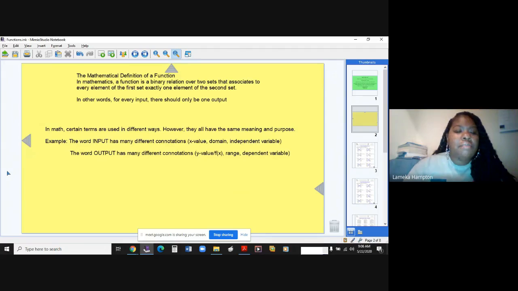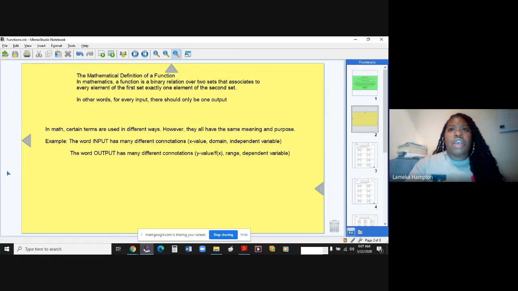Now, in math, certain terms are used in different ways. However, they have the same purpose and the same meaning. All right. So, for example, the word input has many different connotations. Depending on what type of math that you are working on, you may start off with X, which is the input.